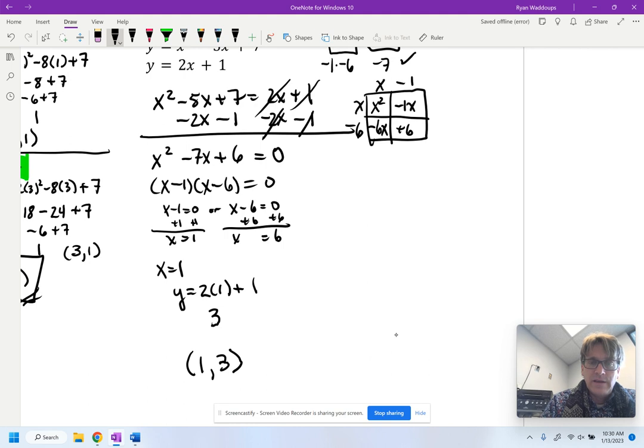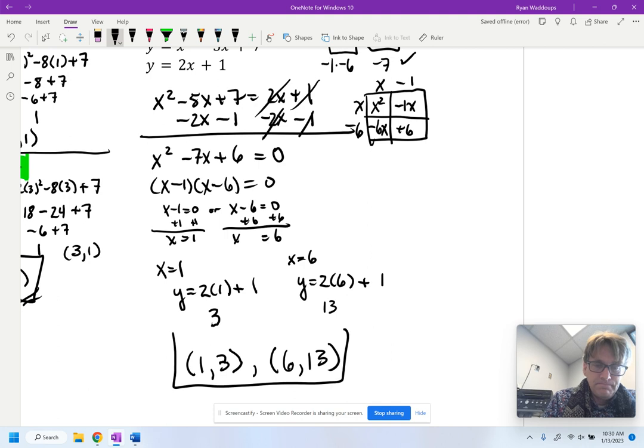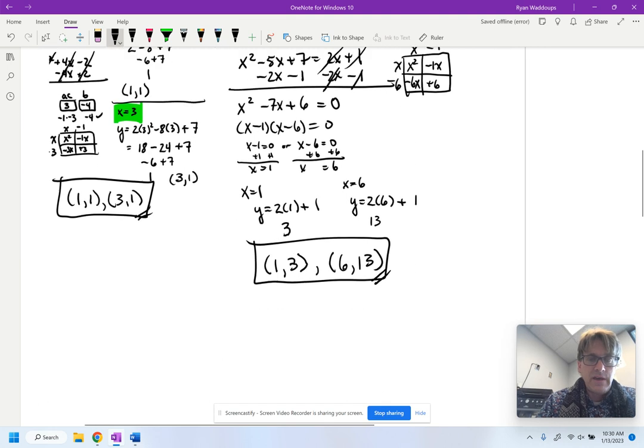And then when x equals 6, I've got y is equal to 2 times 6 plus 1. And 2 times 6 is 12, plus 1 is 13, so y is 13. So the other solution is 6, 13. And that's what that looks like. Let's go to the next page.